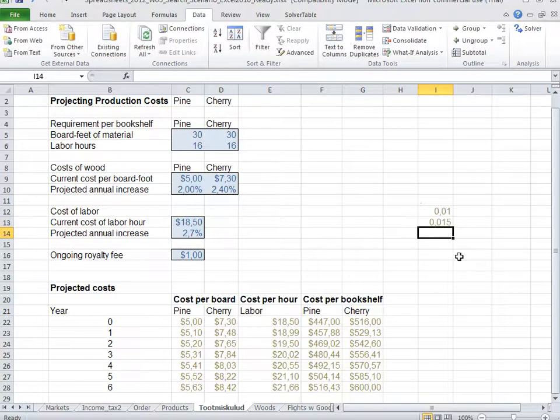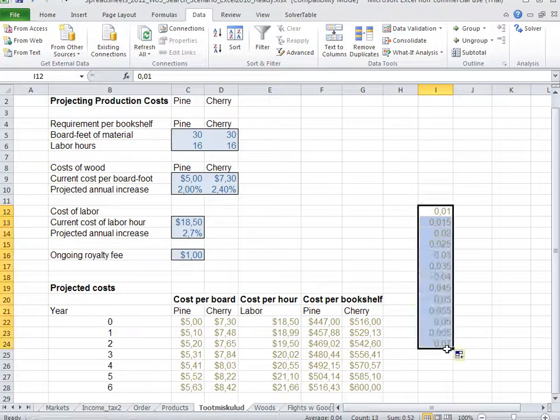So 0,01 is 1%, this is 1.5%, and let's select them together. And now we can copy them together and Excel will nicely propagate this scenario. Okay, let's do it until 7% increase of labor cost.